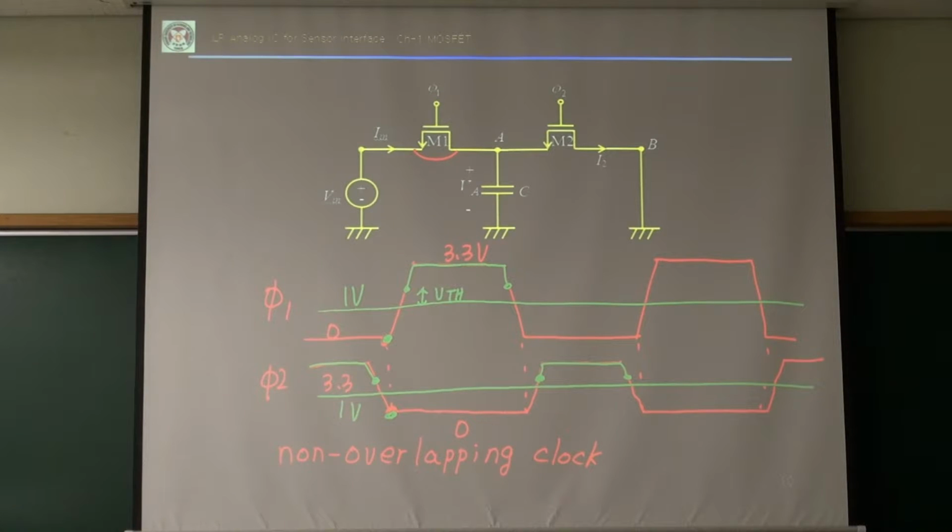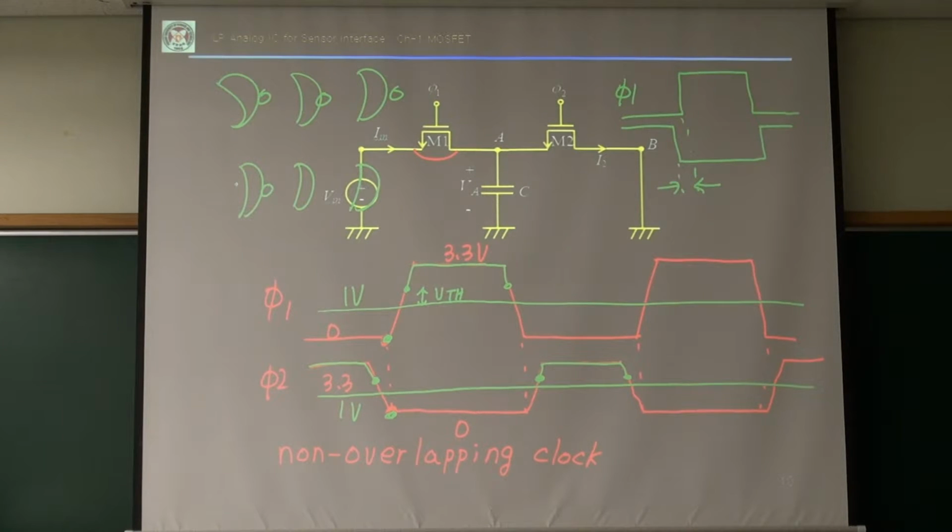Sometimes you can make it safer. Say phi 1 is like that and my phi 2 is like that. I just add a non-overlap time here, right? We can generate this easily. Something like this: this may be an inverter, there is a 2-input NAND gate, this is an inverter.